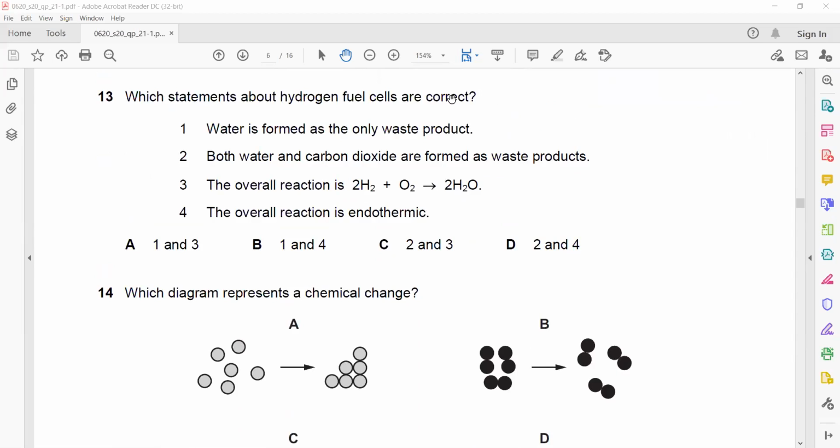Question 13. A hydrogen fuel cell is a device which uses hydrogen and oxygen to produce energy.